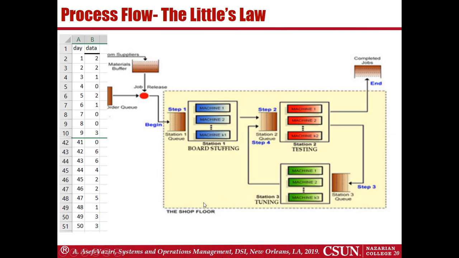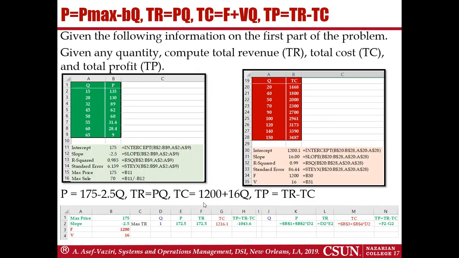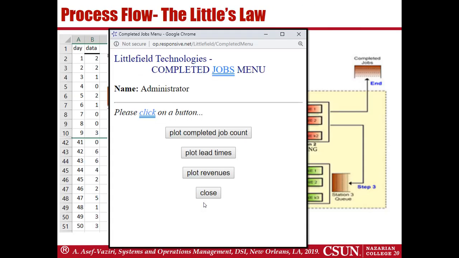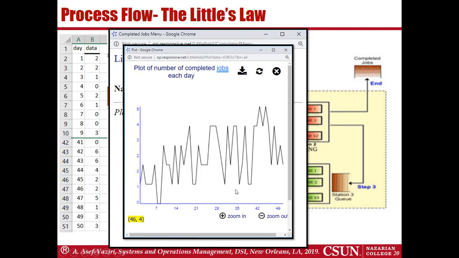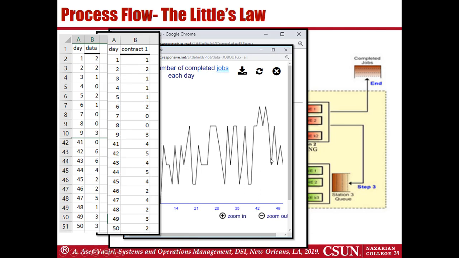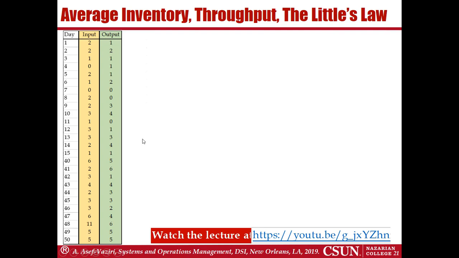And then we go to the process flow analysis and Little's law. We have the incoming data and we compute the completed jobs and we download it. Now I have input and I have output, and therefore using input and output I can compute end of period inventory.